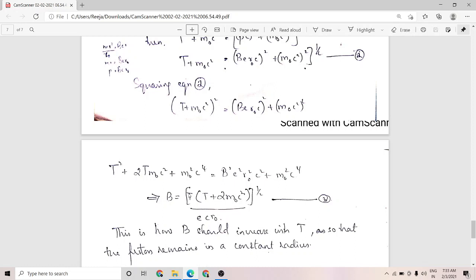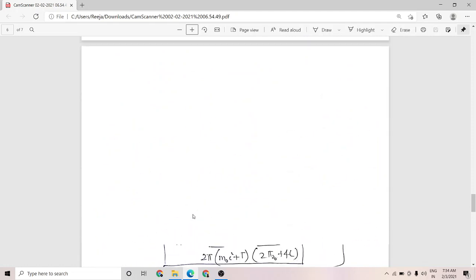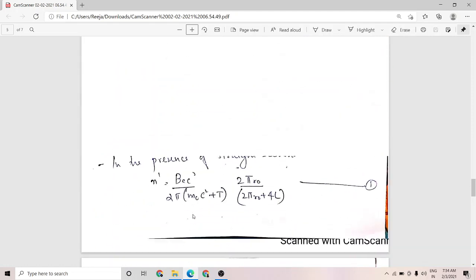B is equal to the root of T into T plus 2 m0 c square, divided by e c r0. So this is how the magnetic field should increase with T, so that the proton remains in an orbit of constant radius. So this gives us the mathematical theory behind the working of a proton synchrotron.